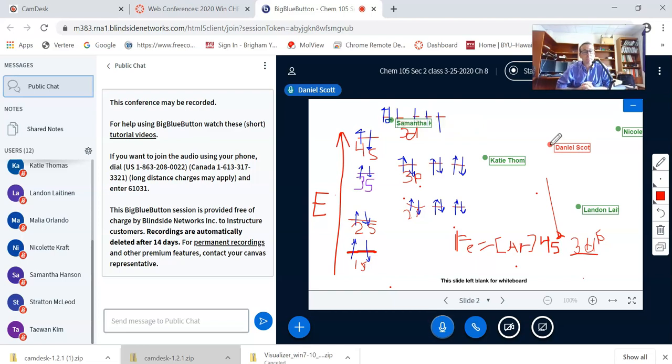Now, from this information, Nikki, how many, well, I guess we didn't need this to answer this question, but how many valence electrons does an atom of iron have, Nikki? It has 2. Yeah, just 2, right?